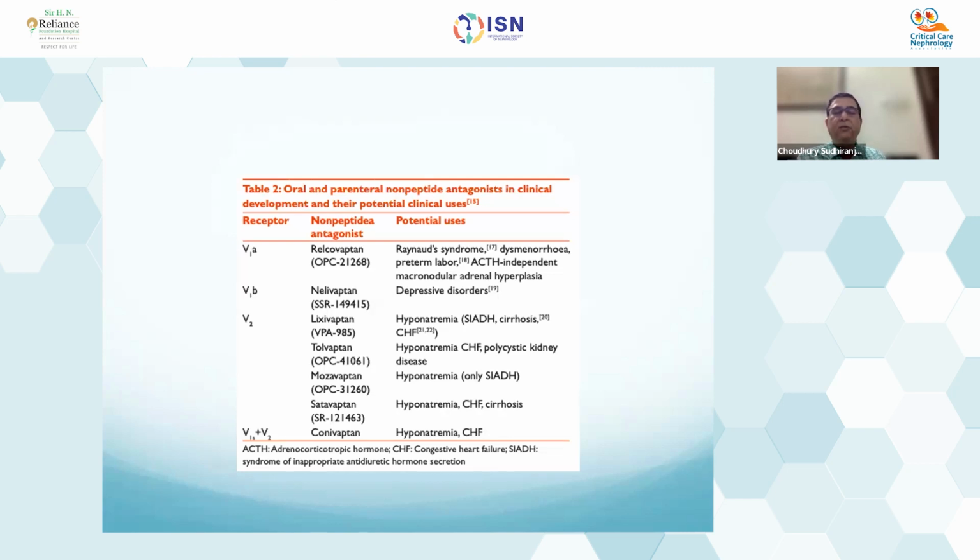And the vaptans usually don't work; it is a relative indication to use in that scenario, since usually it doesn't cause much free water excretion. Why it is like that?